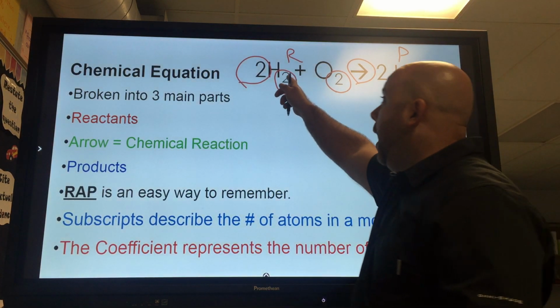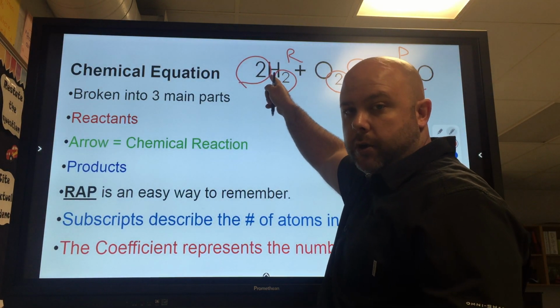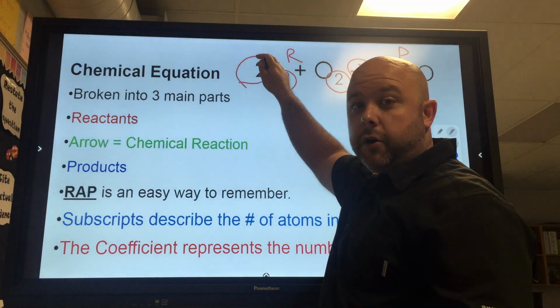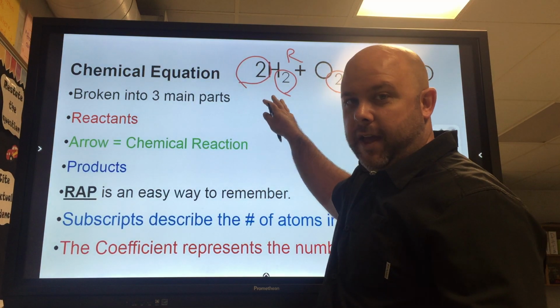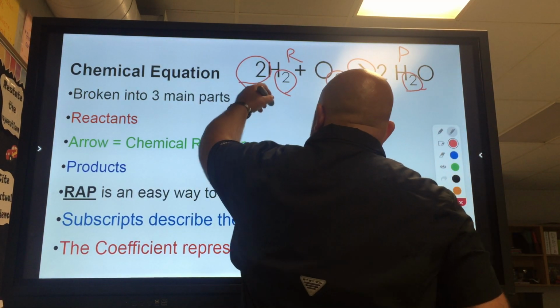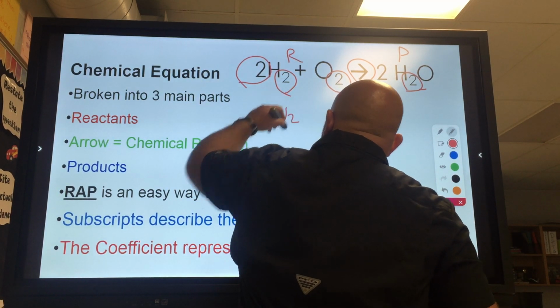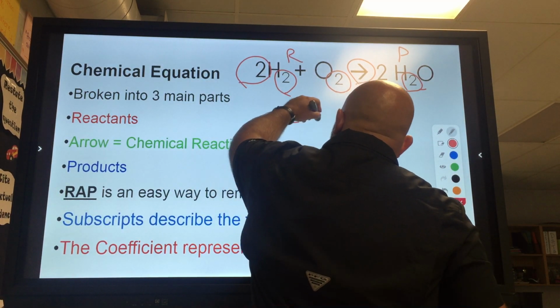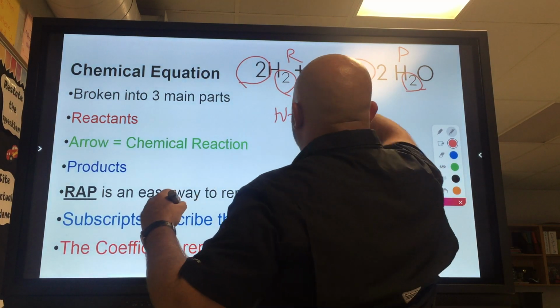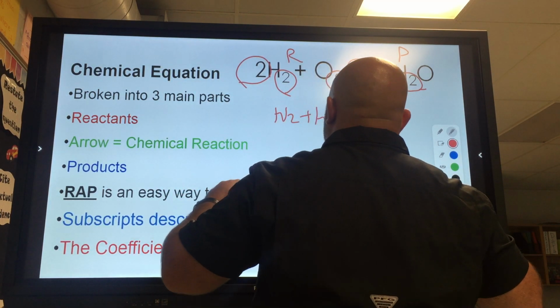So there's 2 atoms of hydrogen in this molecule, and there are 2 molecules of that. Those big numbers are just an easy way of, instead of writing H2 and H2, you just have H4. Does that make sense?